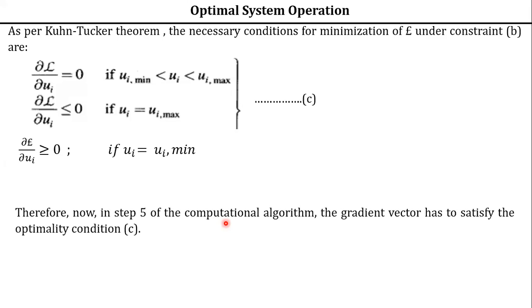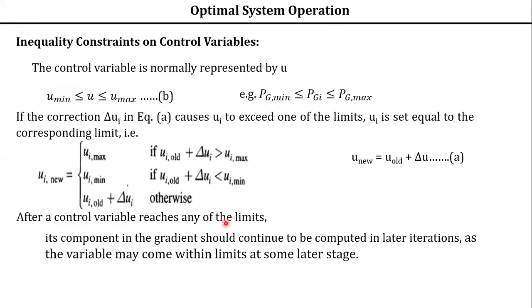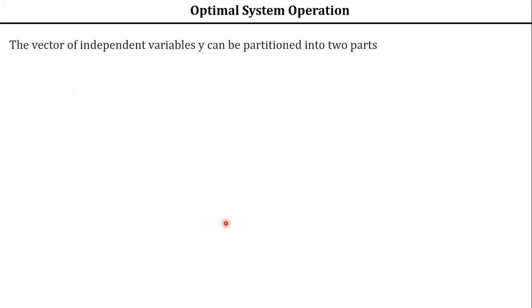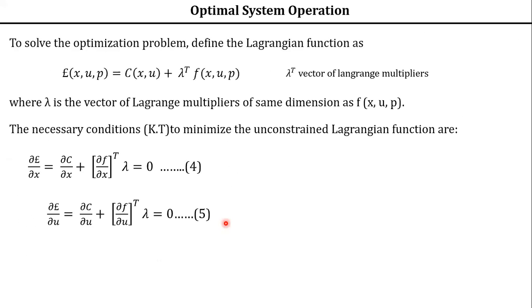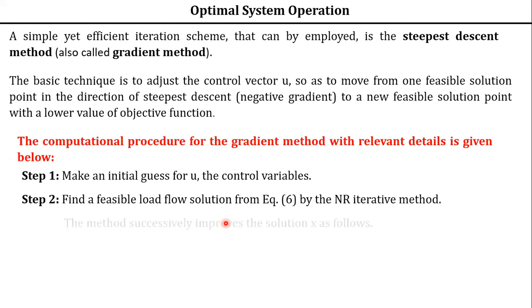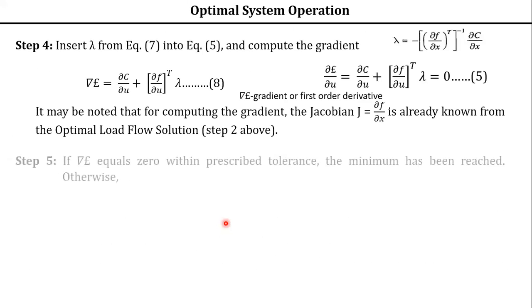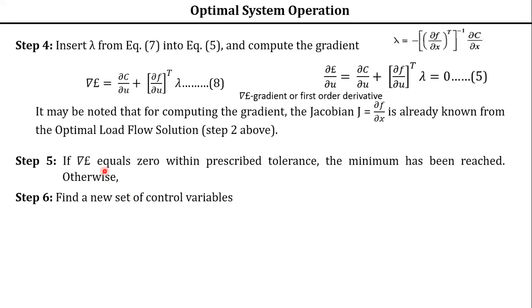Now step 5 of the computational algorithm, that is, the gradient vector has to satisfy the optimality condition C. Understood? I have given 6 steps, isn't it? In that, step 5. What is step 5? I will show it to you, if you have copied it in your notebook or taken a screenshot. This is step 5: the gradient of the Lagrangian function equals 0 if it is within the prescribed tolerance, that is, the minimum has been reached.